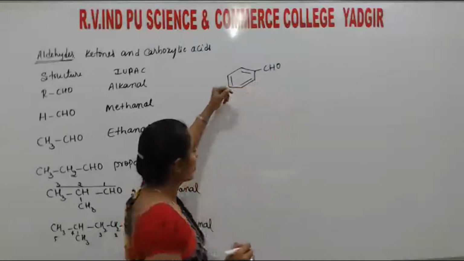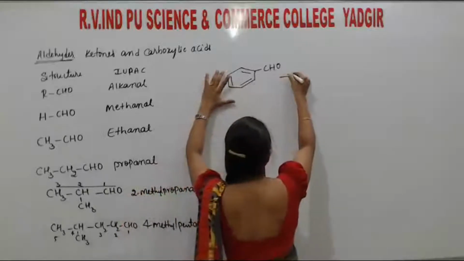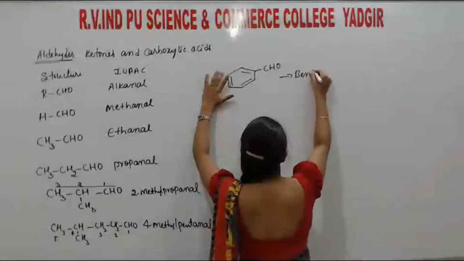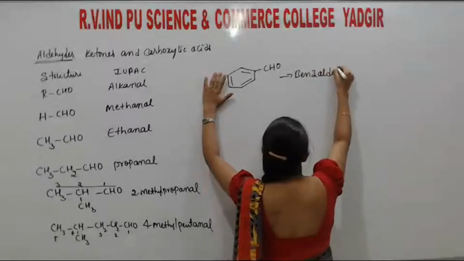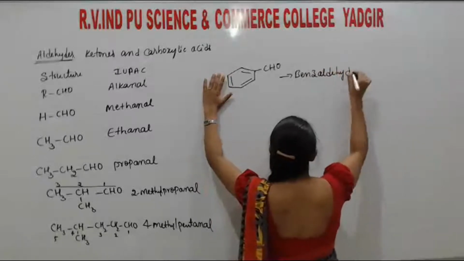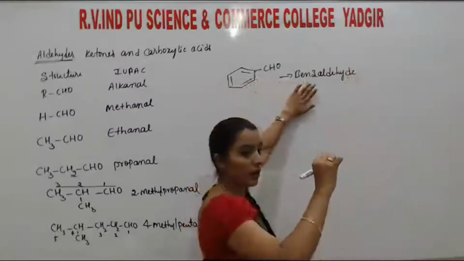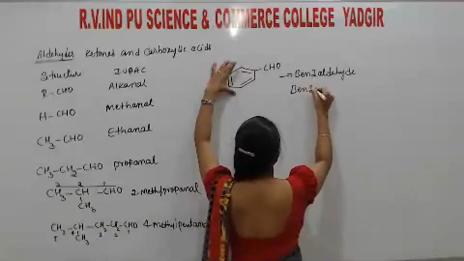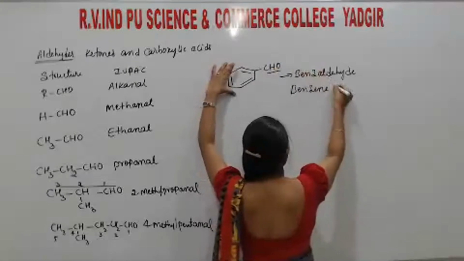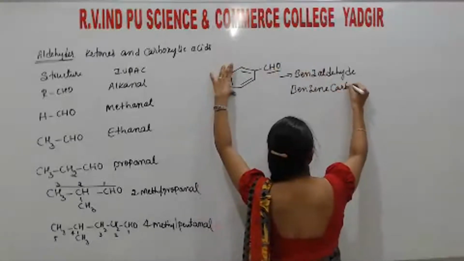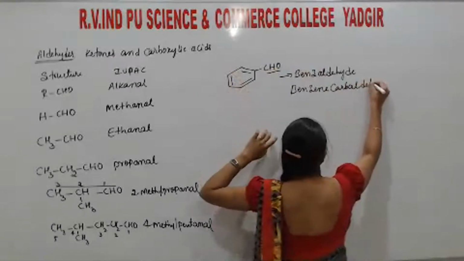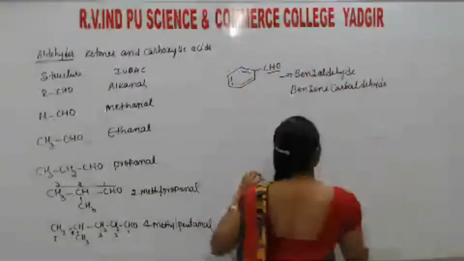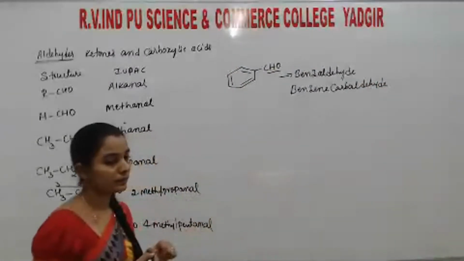So what name does the compound follow? It is benzaldehyde. This is the name. So if you want to write it in the IUPAC pattern, this is the parent chain, this is benzene, this one is carbaldehyde. Benzene carbaldehyde.